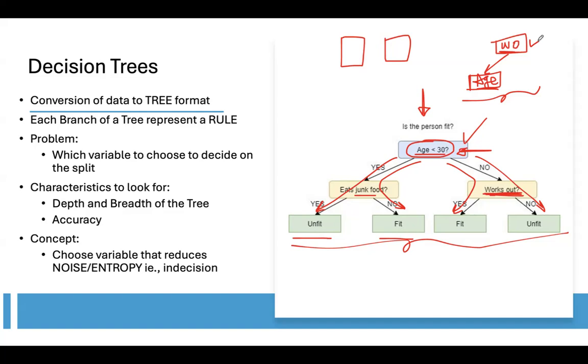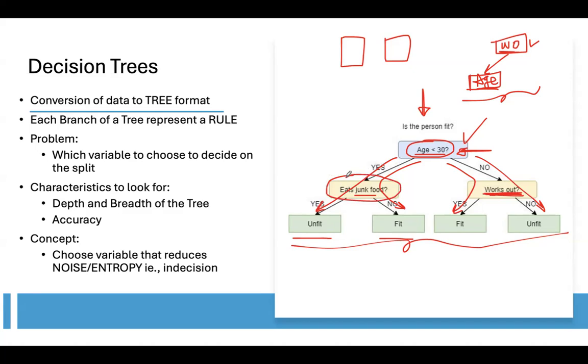Why is that? Why should I not ask about the workout on the left branch? If the age is less than 30, why should I not ask the workout question? I'm asking the food question on the left branch, this branch. So I'm asking this question.